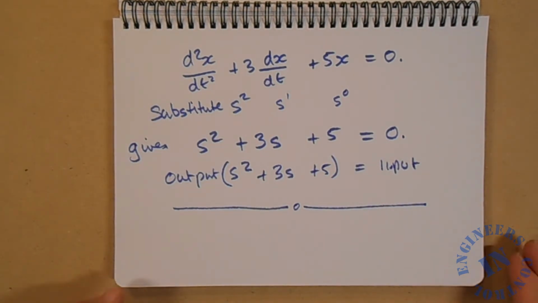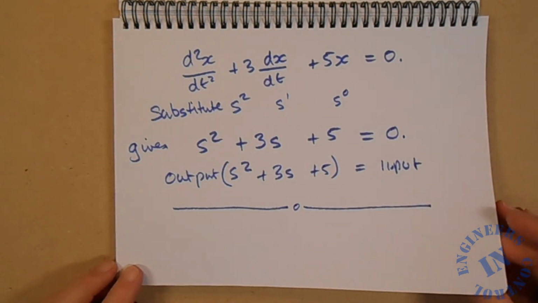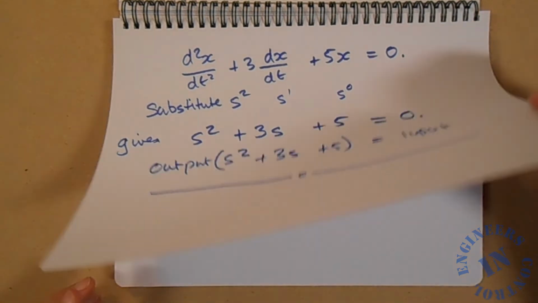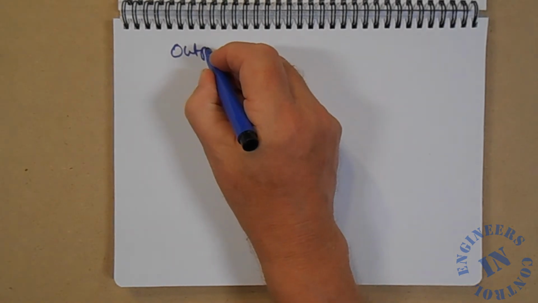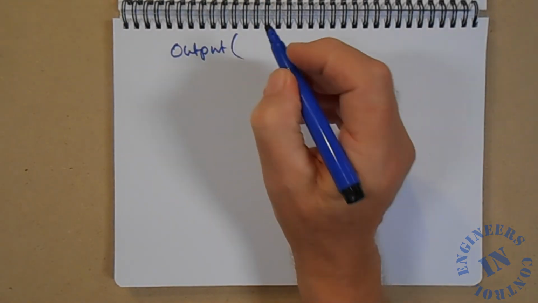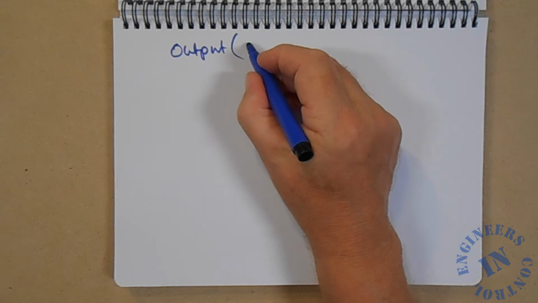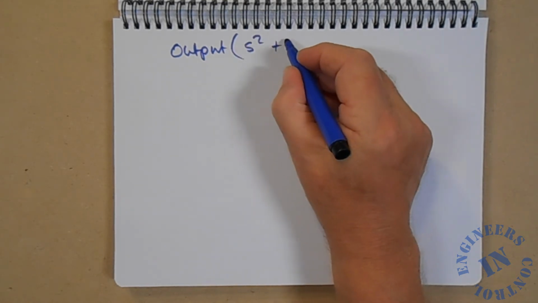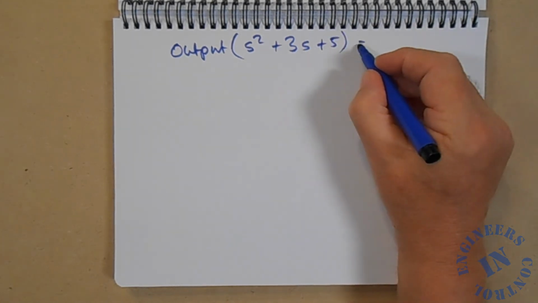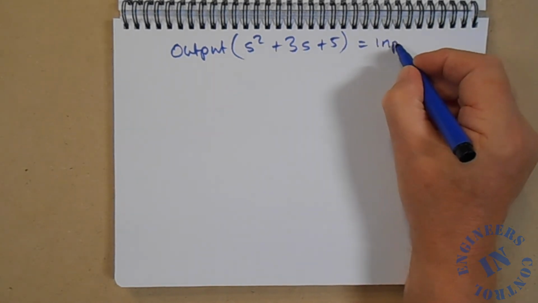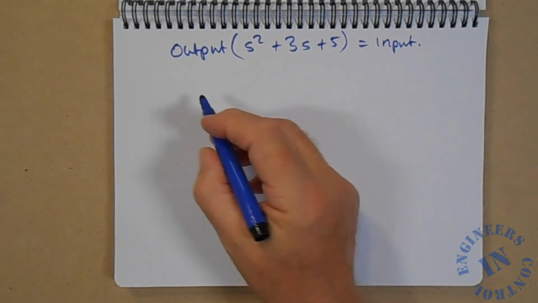Now let's turn that into a transfer function. So let's write that again: output multiplied by s squared plus 3s plus 5 equals the input. Right, here's our transfer function.